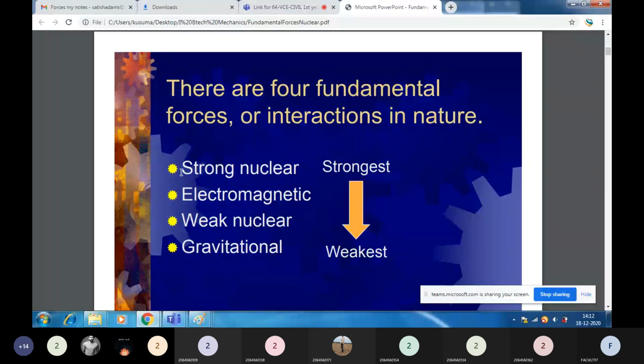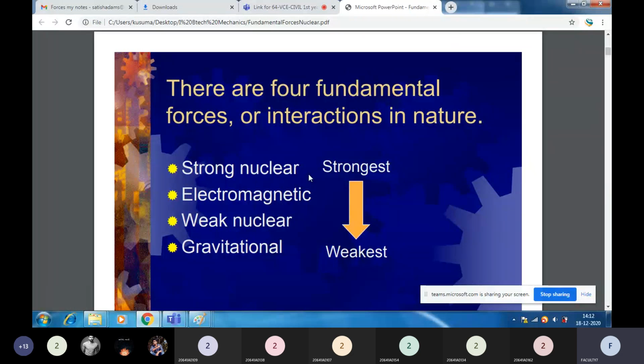In your previous studies you might have studied gravitational force, electromagnetic force, strong force, and nuclear force. The sequence might be different. This slide shows which one is stronger and which one is weaker.